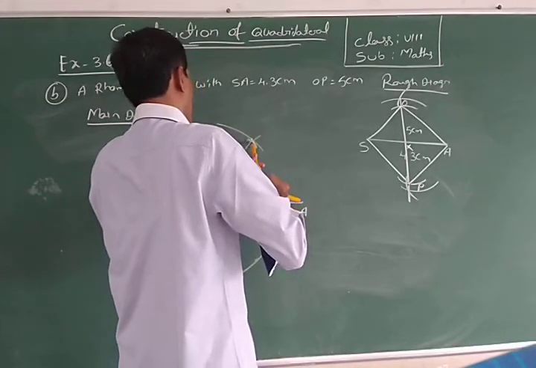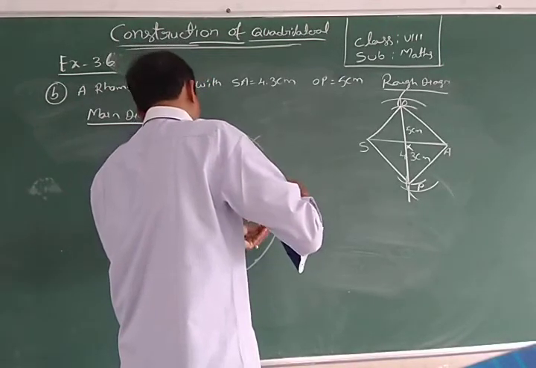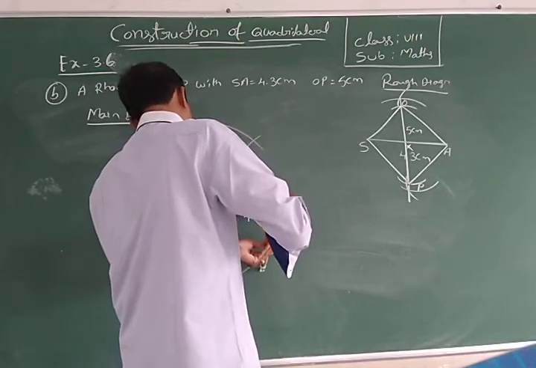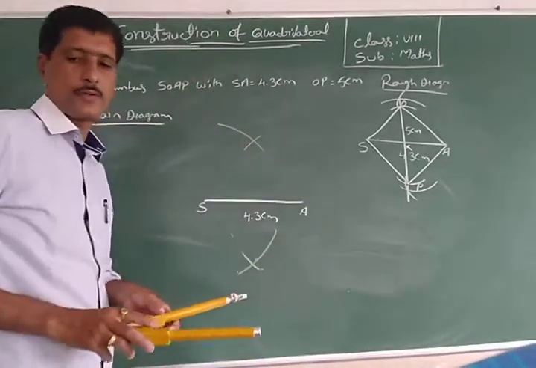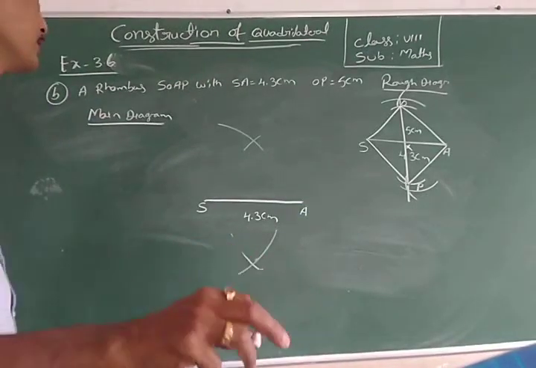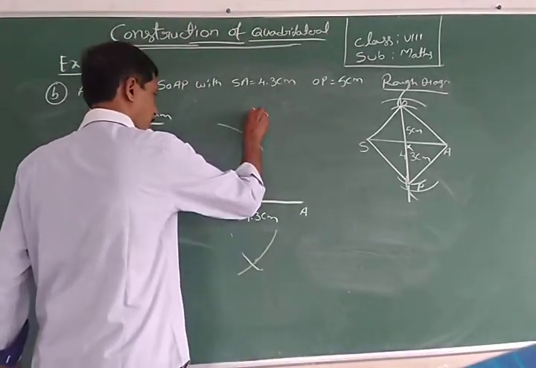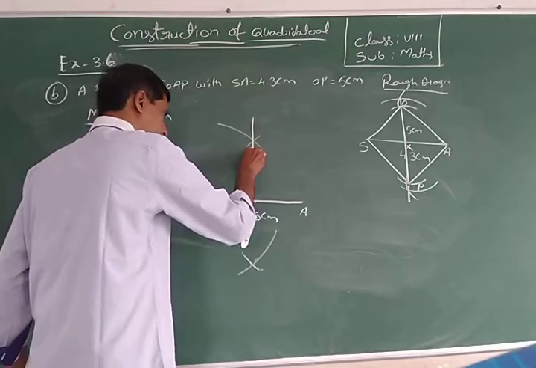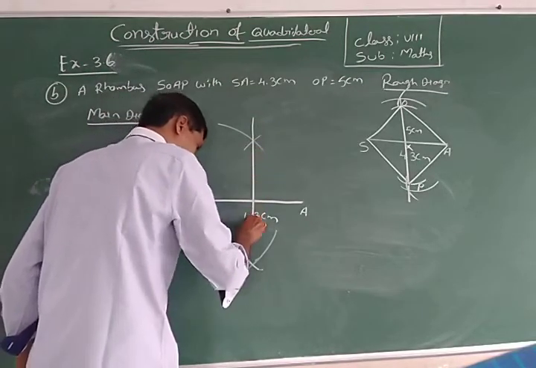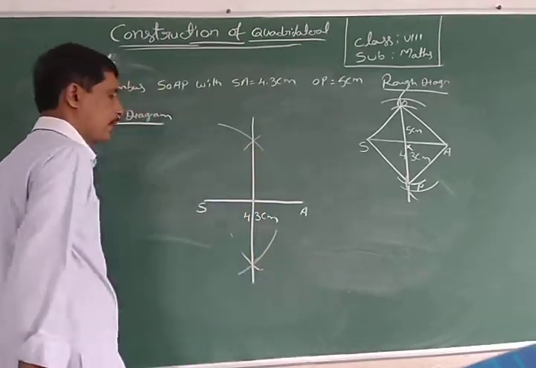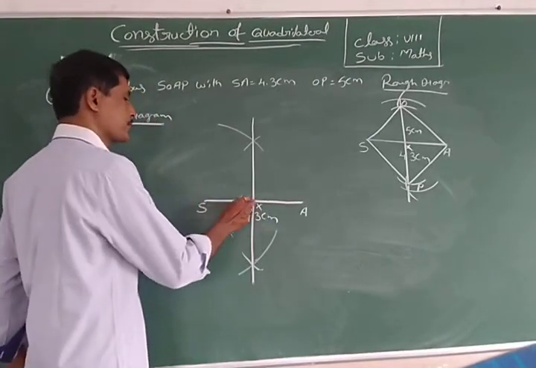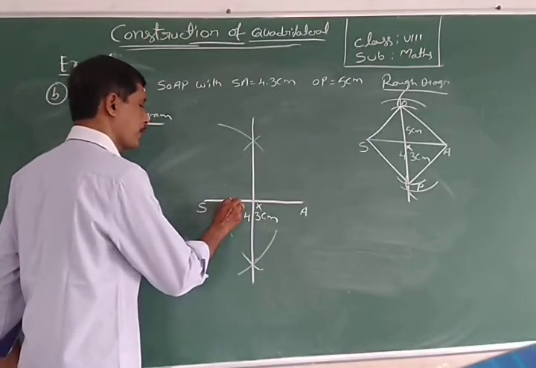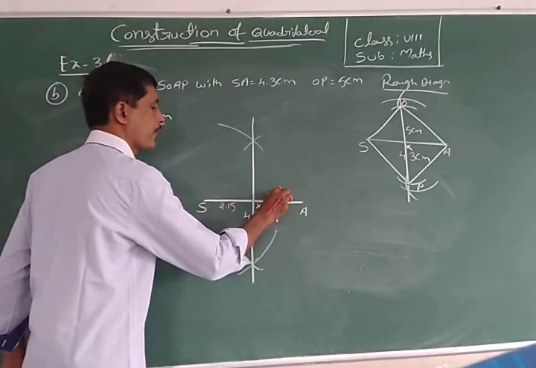Same radius, down also. Two arcs. Therefore, join these two using the scale only. Here the point is X. Here SX equal to 2.15 and here also 2.15 centimeters.